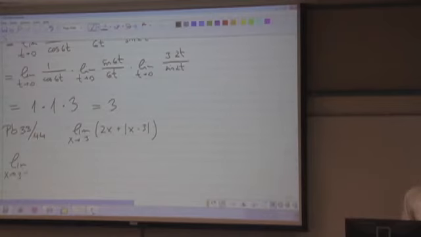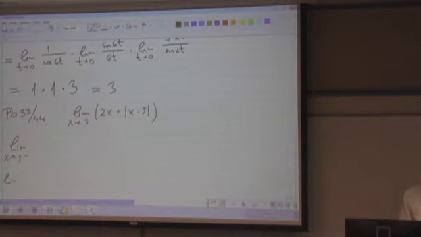We're going to look at x going to 3 minus, and then x going to 3 plus. And that's where we get the fact that it doesn't exist. Because if you come from the left on 34, you'll end up with minus 2, and if you come from the right, you'll end up with positive 2, which means the two side limits don't agree with each other. Is everybody understanding what I'm saying? Yeah.